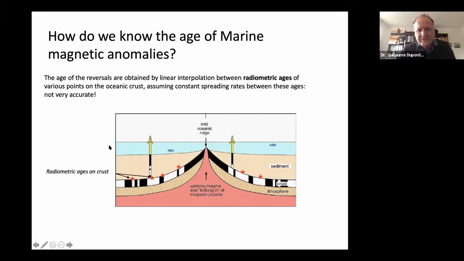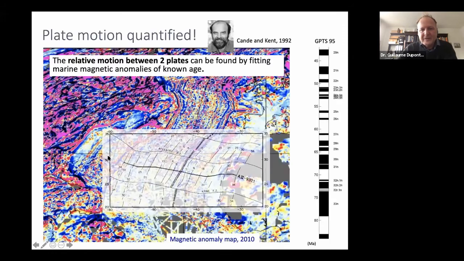Okay. Other comments, or do I continue? All right. So once you have the marine magnetic anomalies, this is how you get from these anomalies to plate tectonics. This has been developed since the 60s, but really very well in the 90s, because we had much better dates and much better marine magnetic anomalies.